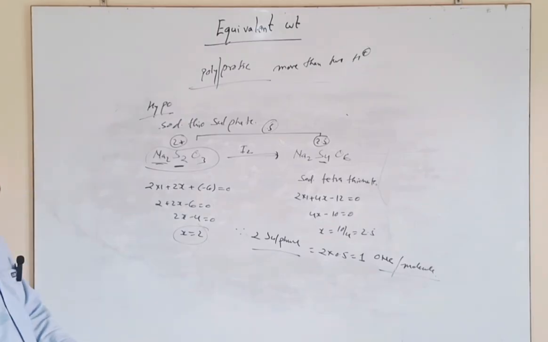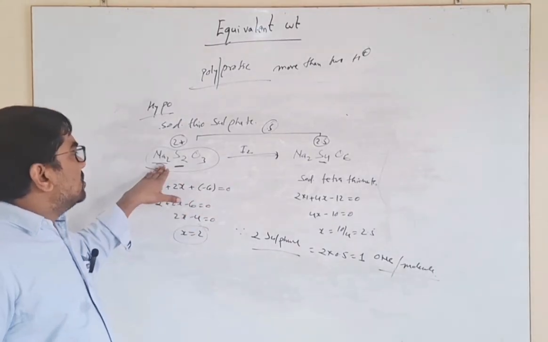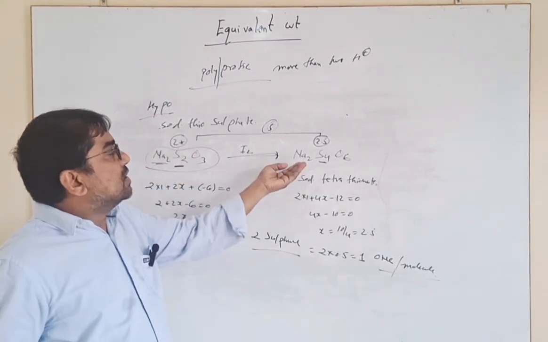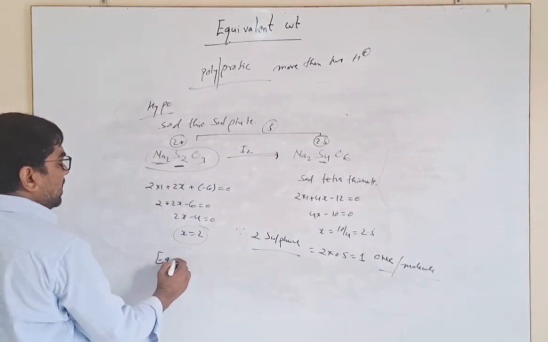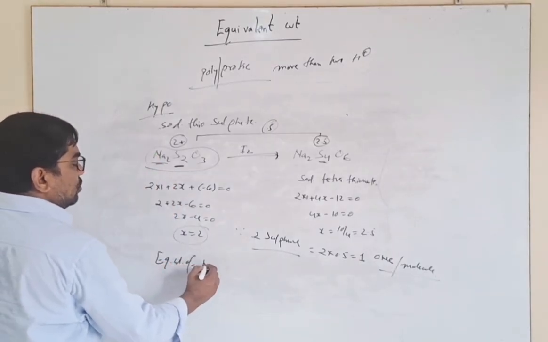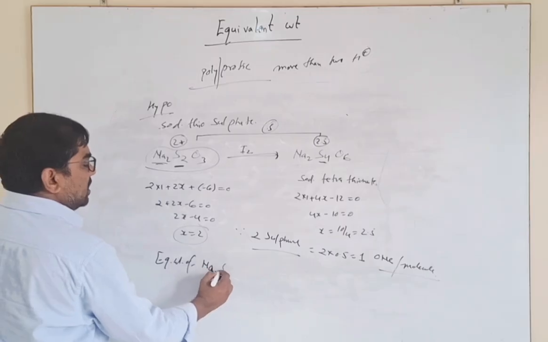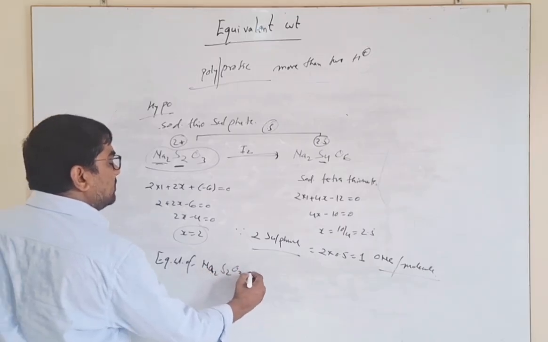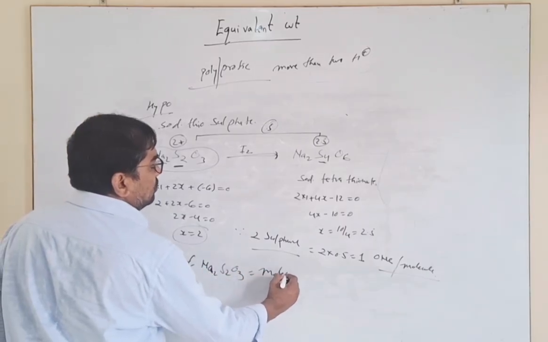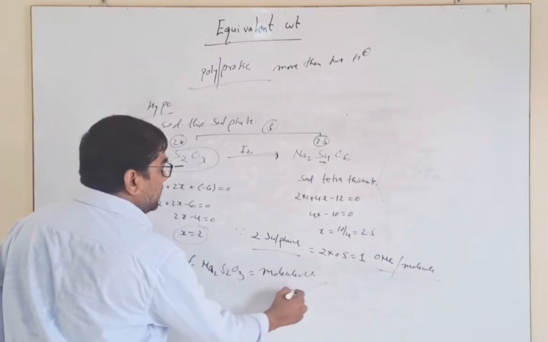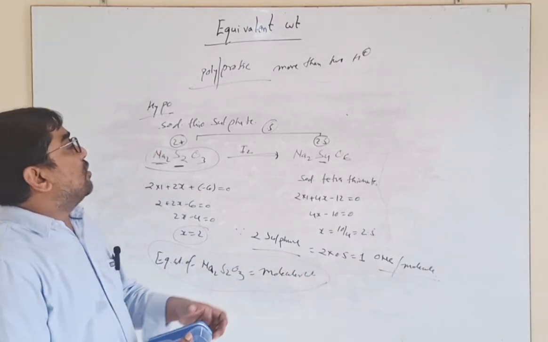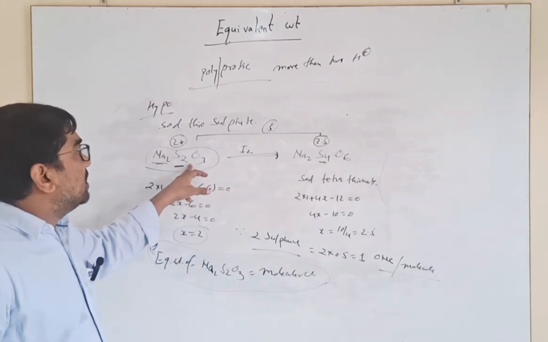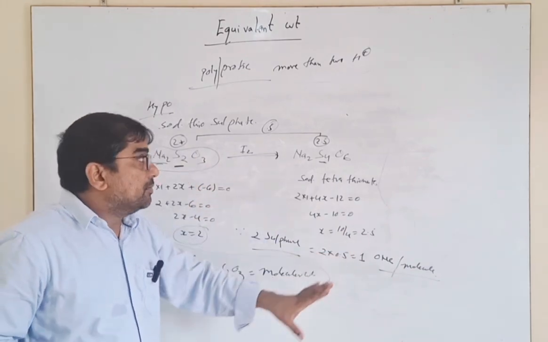Therefore, in this equation, when iodine reacts with sodium thiosulfate and results in sodium tetrathionate, the equivalent weight of sodium thiosulfate Na2S2O3 will be equal to its molecular weight without any change, because there is a change in the oxidation number of sulfur of just 1.